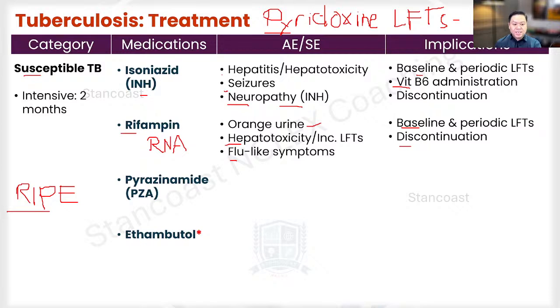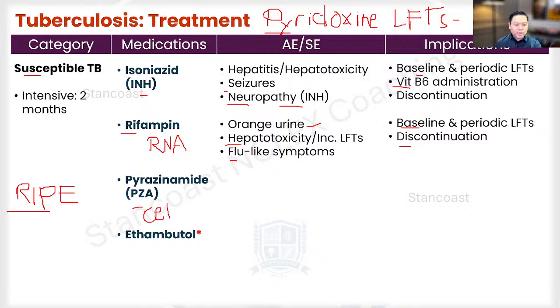All right. And with the next medication here, we have the PZA or the pyrazinamide. So what is this drug? Well, it can also disrupt the bacterial cell membrane.